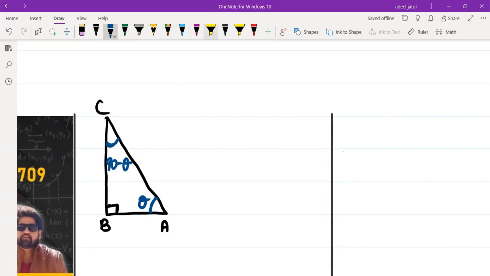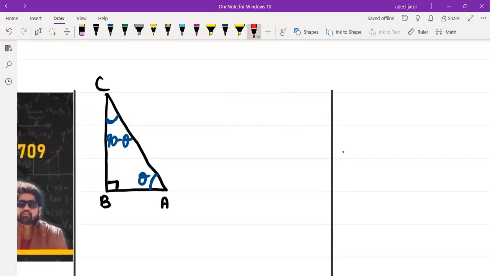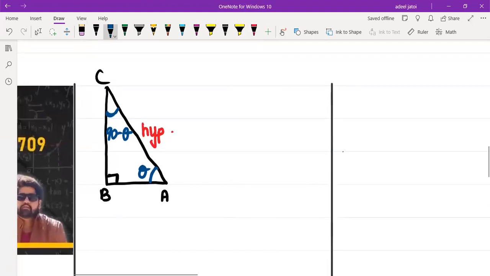The side opposite to 90 degrees is the hypotenuse. But when we talk about theta only, the side opposite to theta is opposite, whereas this side will become your adjacent.